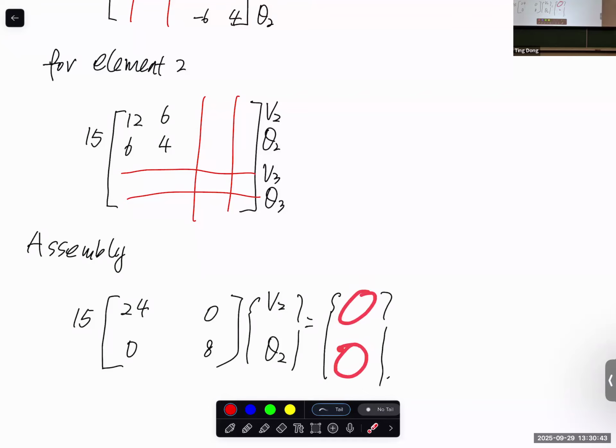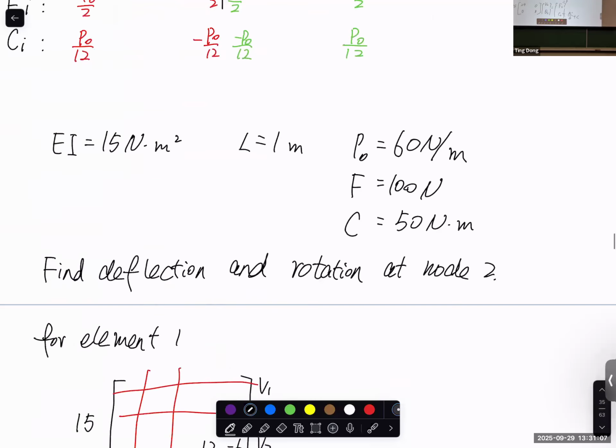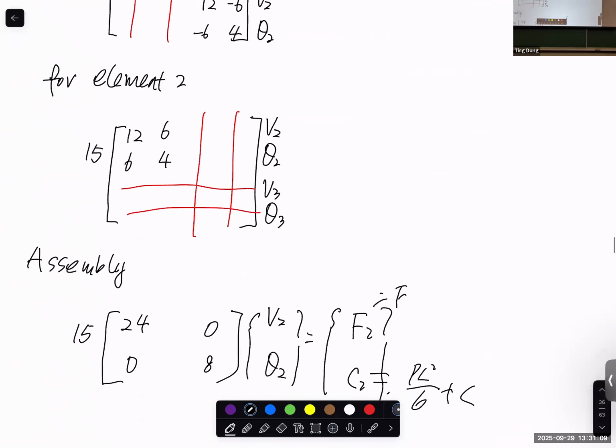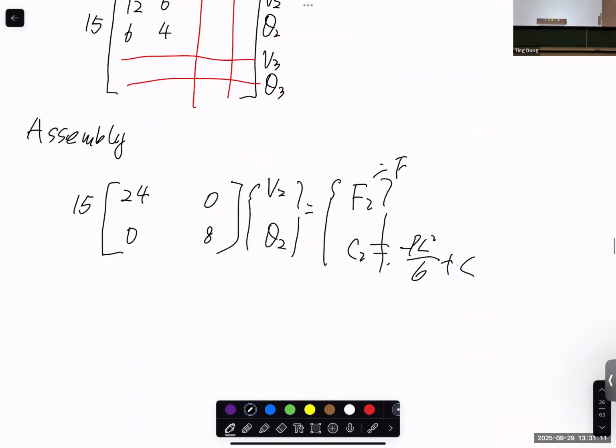What 2 components should I write here? Let me see. Negative. Yeah, that should be negative here.